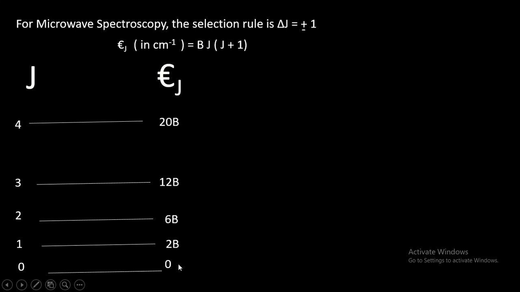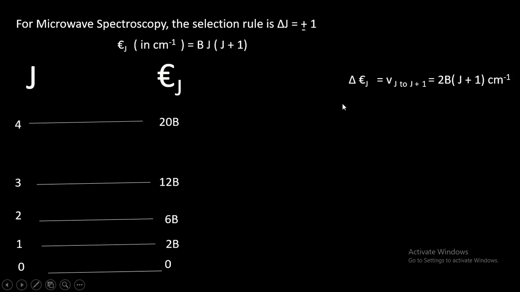Therefore it gives 0 energy. For the first energy level, the energy becomes 2b. For the second energy level, putting j equal to 2, we put 2 into b into the bracket 2 plus 1, that is 3, 3 into 2 is 6, so 6b. For the third energy level 12b, for the fourth energy level the energy is 20b.